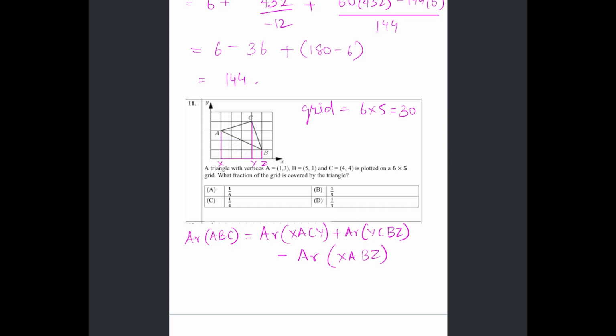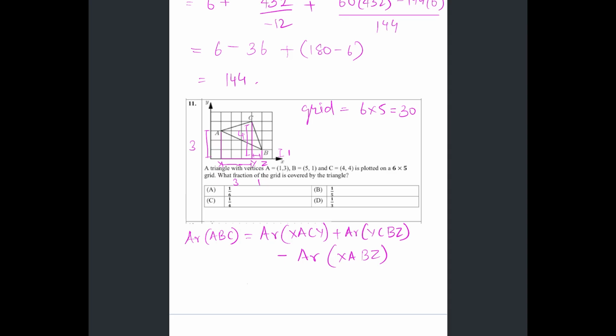So we know this height is 3, this height is 4 and this height here is 1, right? And this length between X and Y is 4 minus 1, which is 3, and this length here, YZ, it's 1, right?